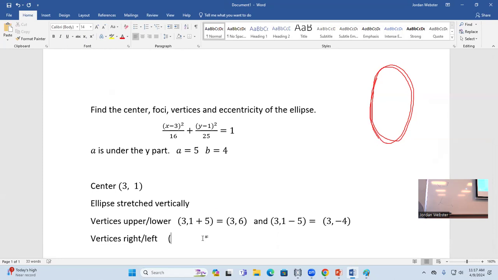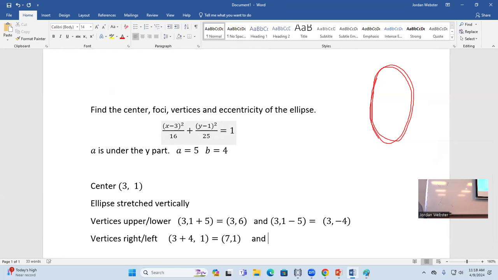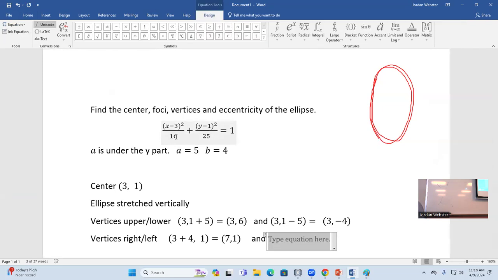For the right and left vertices, I'm going to adjust the X value. So we're going to take 3 plus 4, comma 1. That's going to be my right vertex, which is 7, 1. And my left vertex is going to be 3 minus 4, comma 1.